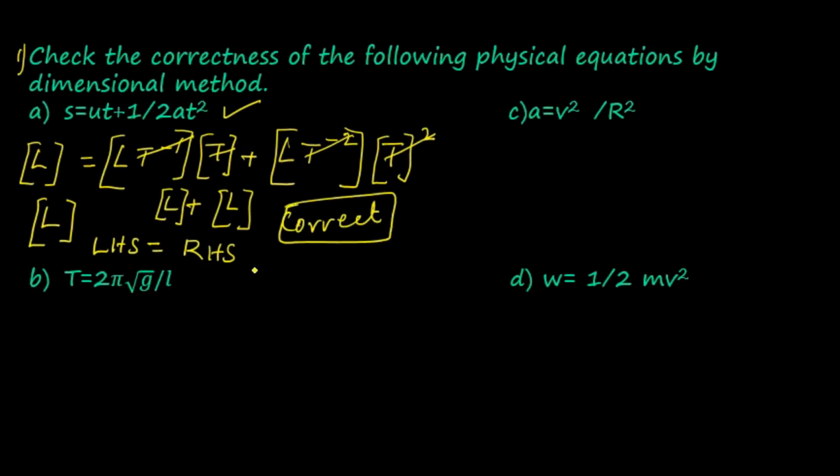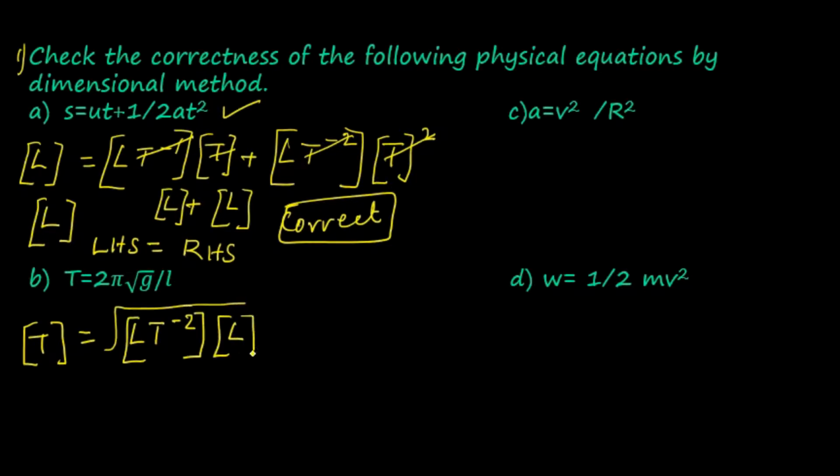Let us take up the second one. Time period T. 2π is a constant. It has no dimension. Root of g is only acceleration, so LT^-2 divided by L. L is length, so it is into L, but it is in the denominator, so it becomes L^-1.